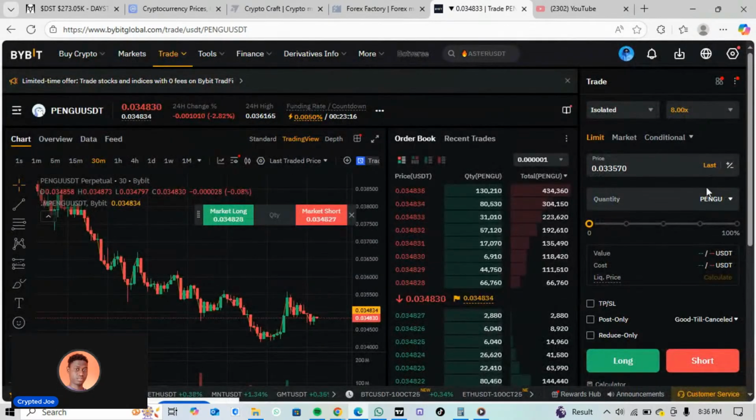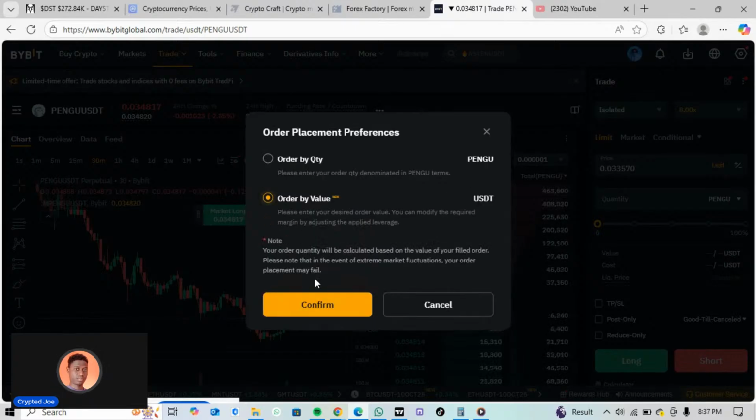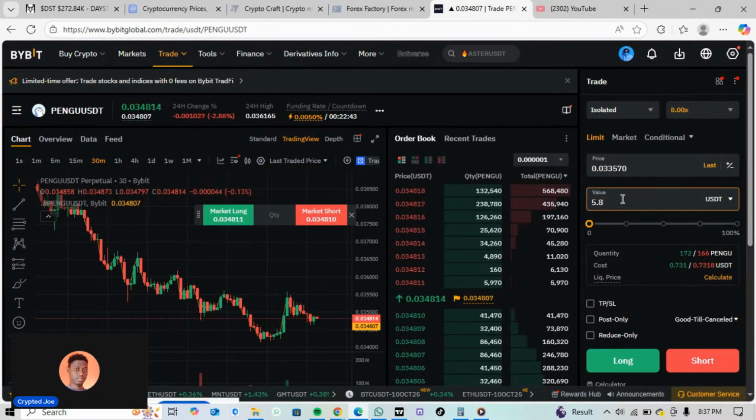For this particular risk management, you should make sure that it's on order by value, which is USDT. That calculation is to get the order value. So order by value, confirm. Our order value is 5.78, or let's say 5.8, based on approximation. You understand?